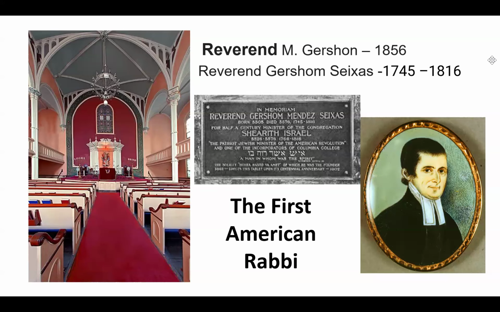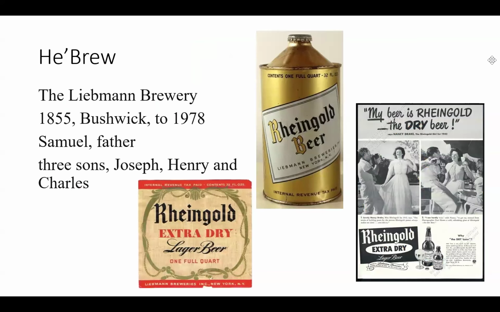Even though he was not a rabbi, he was the cantor. He was a chazan, but he performed the functions of rabbis because there were no rabbis. He also established the synagogue in Philadelphia during the American Revolution.